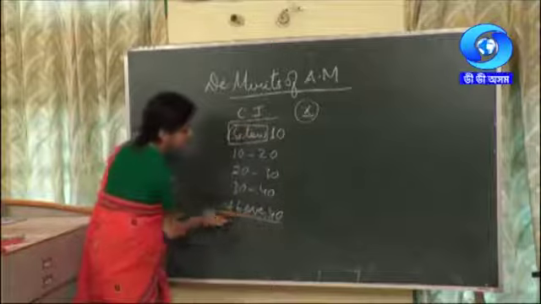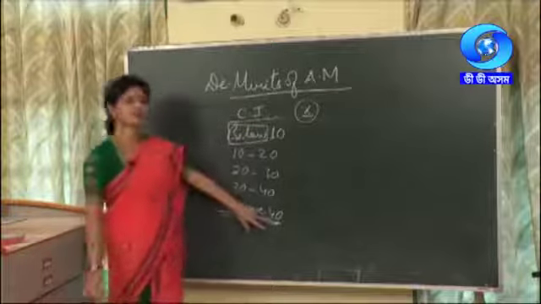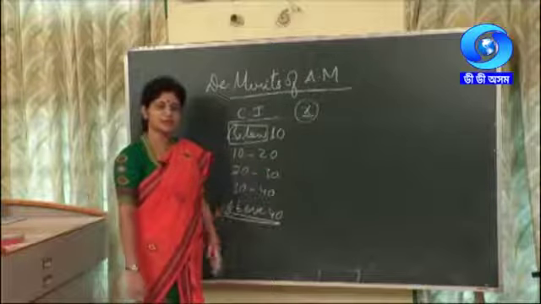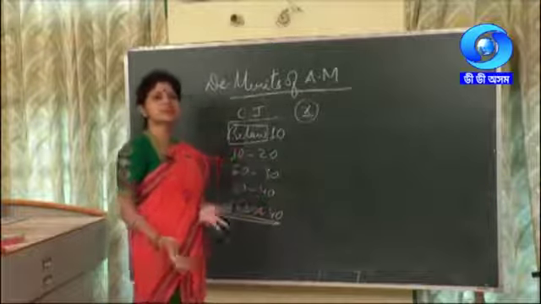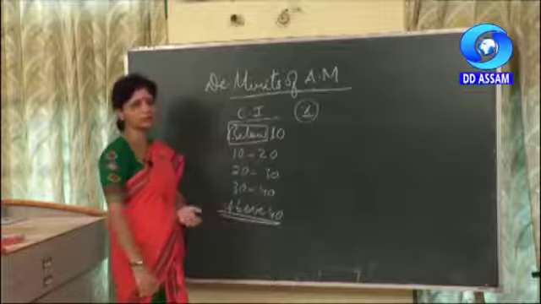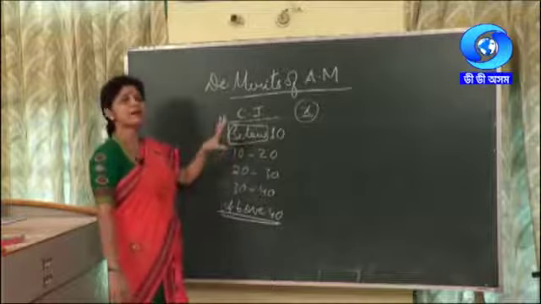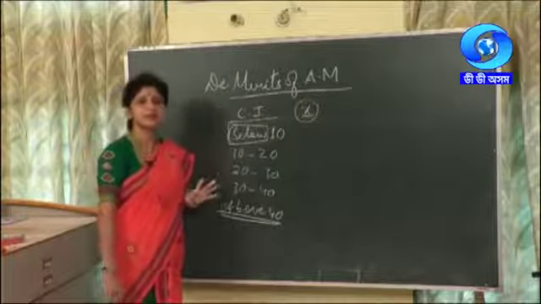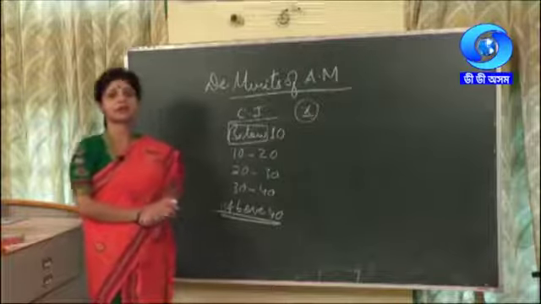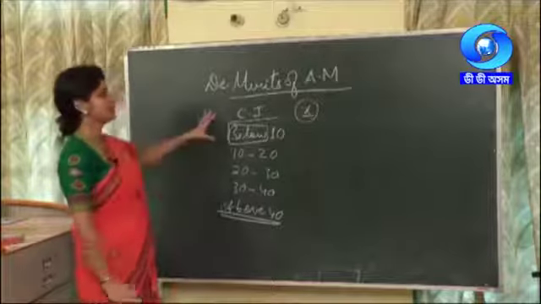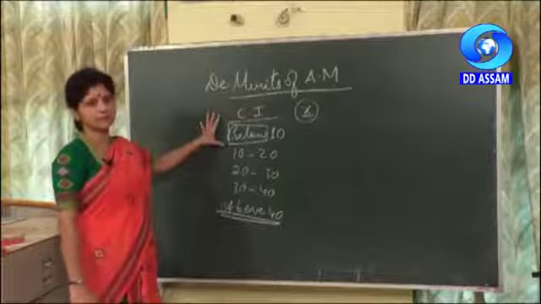Similarly here, when you say above 40, 40 is the lower limit. What will be the upper limit? Is it 50? Is it 60? Is it 100 or is it 1000? We do not know. So in such cases, arithmetic mean sometimes might give us erroneous results. This is another demerit of arithmetic mean.